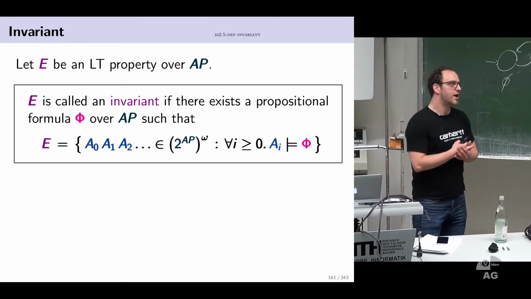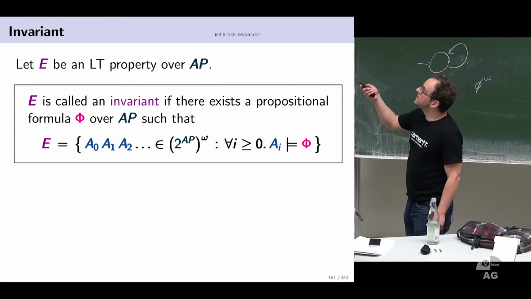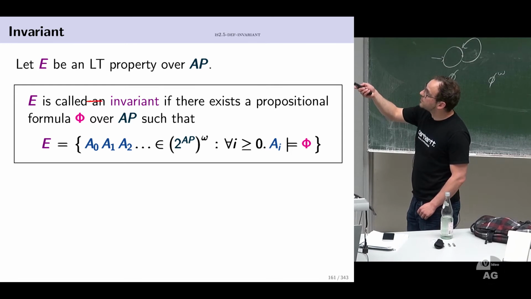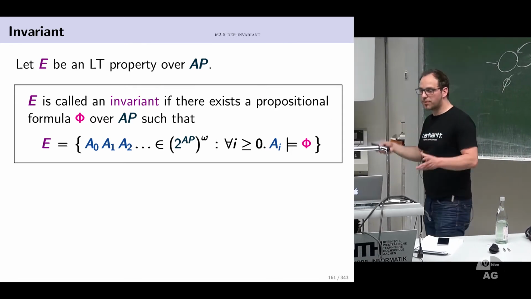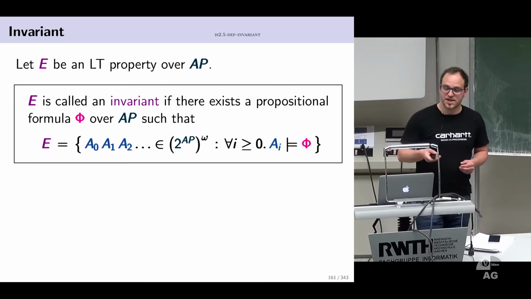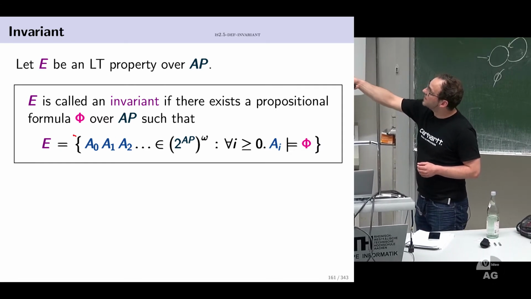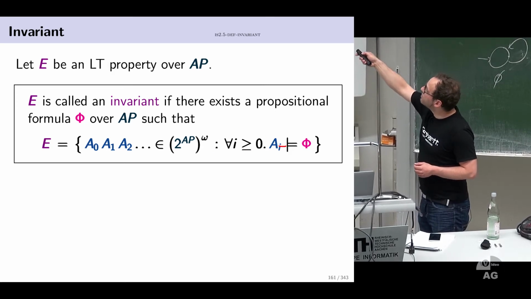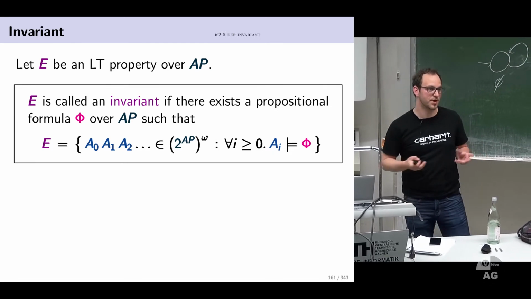Okay, so how can we now characterize an invariant? Well, an invariant is a linear time property still. So we call such a linear time property an invariant if we can find some propositional formula, phi, such that we can write this linear time property in the following way. It's the set of all infinite words such that for every position in this word, it satisfies the propositional logic formula.